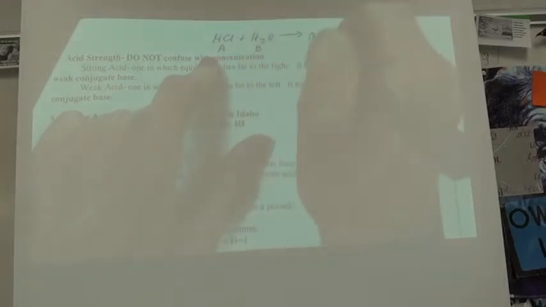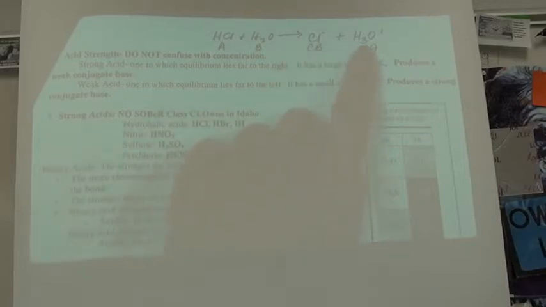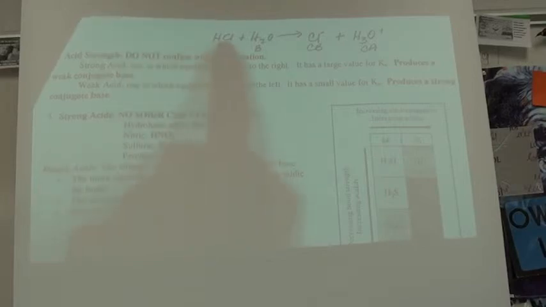So here we have the acid, this is the base, this would be the conjugate base, and this is the conjugate acid. This is a weak conjugate base. It is very unlikely to pull this proton away and go that way. Understand what I'm talking about? If this is strong, this is weak.